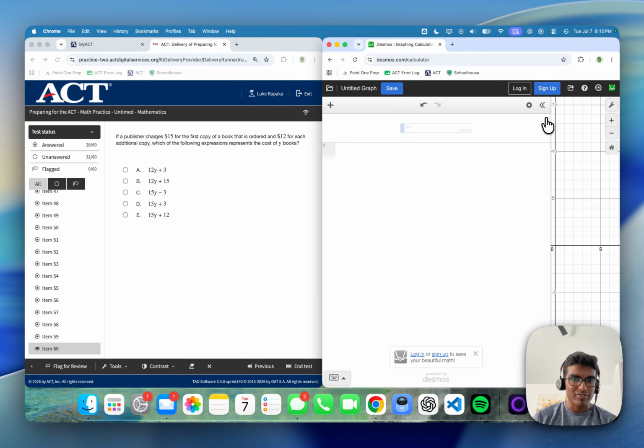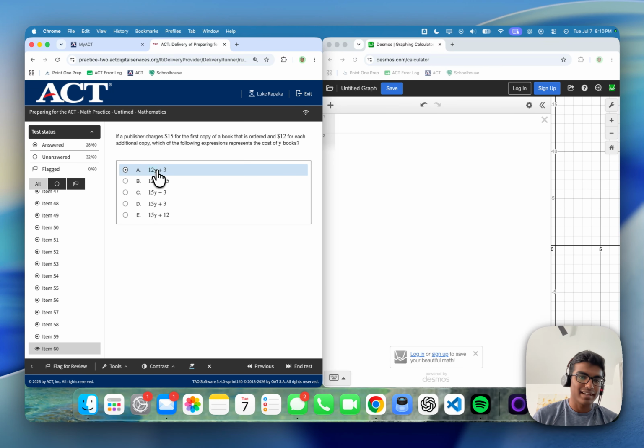And then the last one, a publisher charges $15 for the first copy ordered and $12 each additional copy. Okay. Cost of y books. Okay, so I know the slope has to be 12, or at least like, the cost per book. I'm saying slope, but cost per book. It has to be 12 because each additional book is $12. And I know if I order one book, the total cost has to be 15.